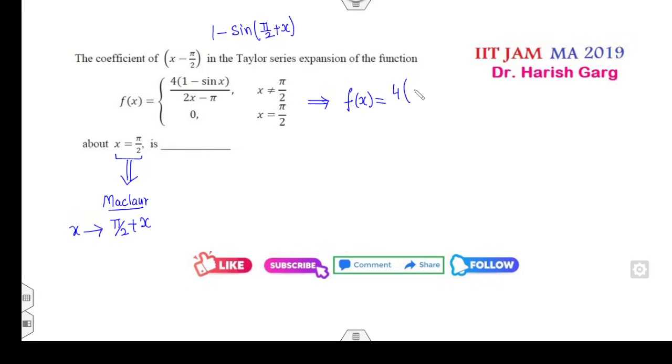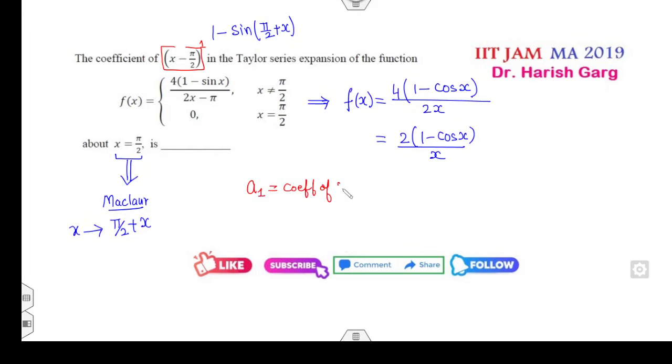So that will be second quadrant, where sine is positive. So 1 minus cos x divided by 2x, that's 2 into x. So your f(x) will be 1 minus cos x divided by x. Now your target is to find the coefficient of power 1. So that means a1. Coefficient of x.